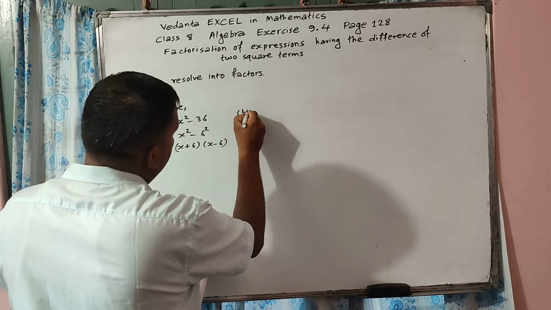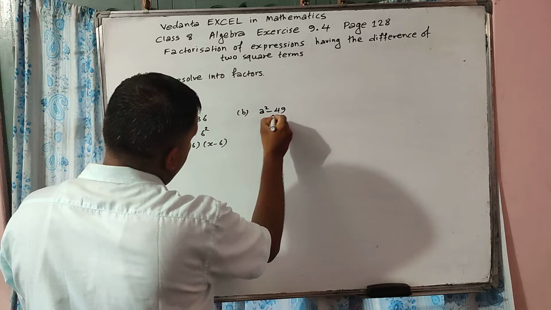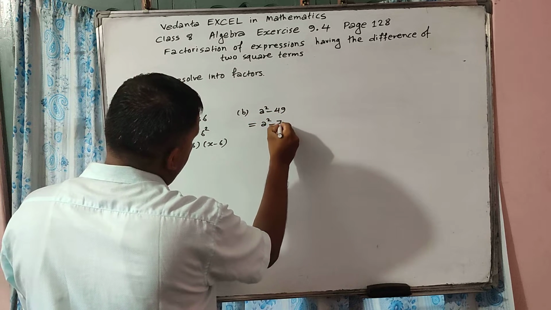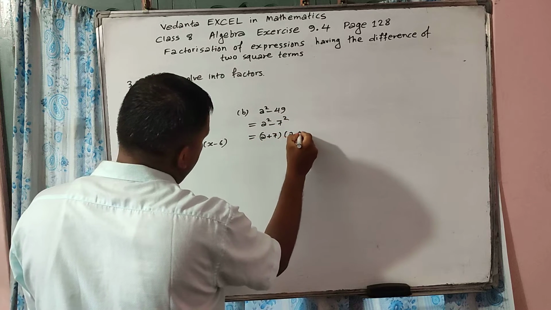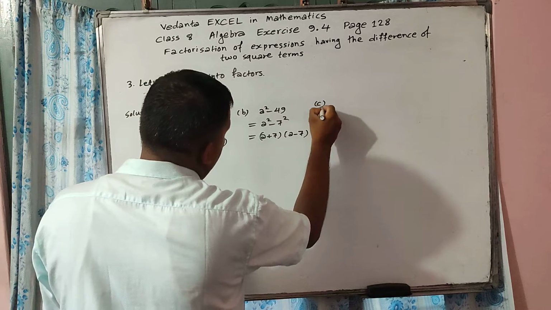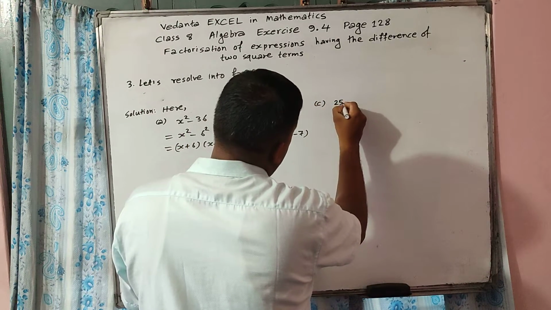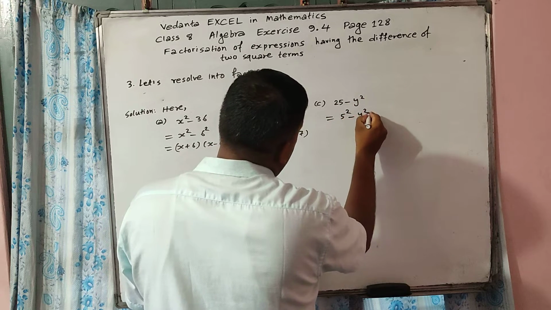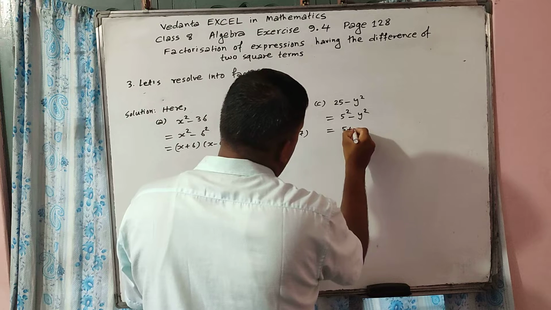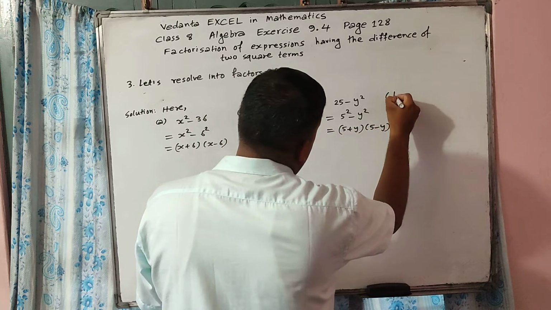On B, a square minus 49. A square minus 7 square. A plus 7, a minus 7. On C, 25 minus y square. 5 square minus y square. 5 plus y, 5 minus y.